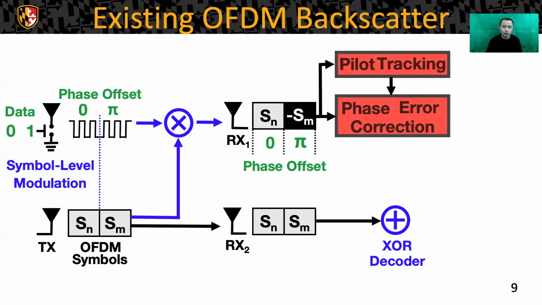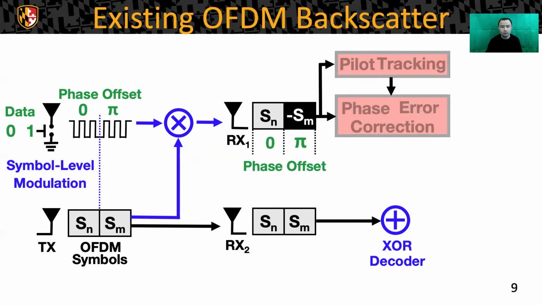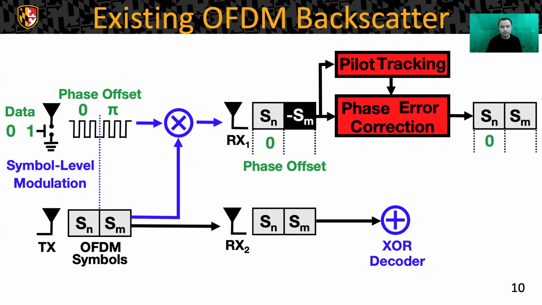However, in real-world scenarios, due to changes of the environment, such as the temperature of the oscillator and object movement, the OFDM symbols experience distortion in the air, and this causes much unwanted phase error. Therefore, the OFDM receiver is required to perform phase error correction to eliminate the phase error on the symbols.